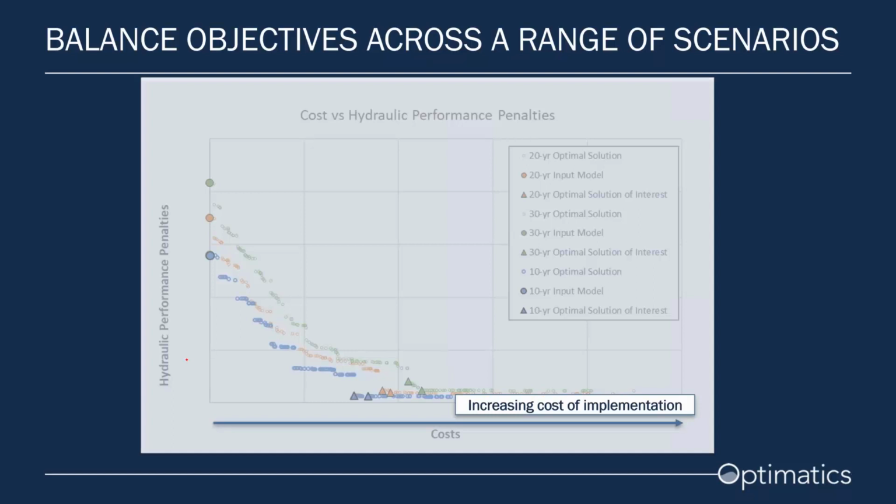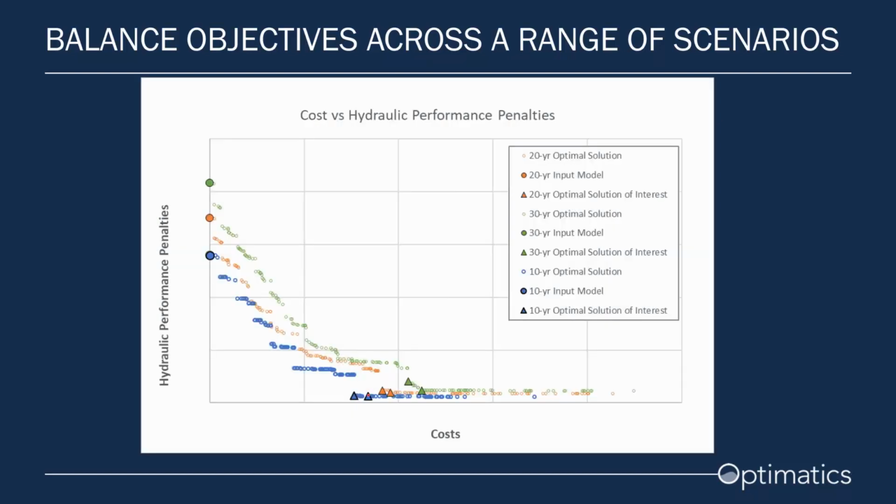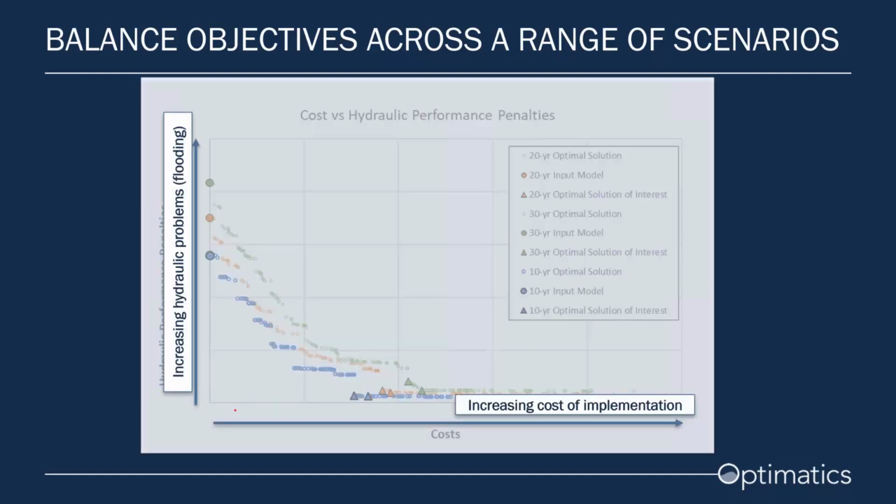Just take a moment to think about the different results that we're showing here. Across the x-axis, we're looking at increasing cost of implementation, and across the y-axis, we're looking at increasing hydraulic problems. So we have more flooding the higher we go here.